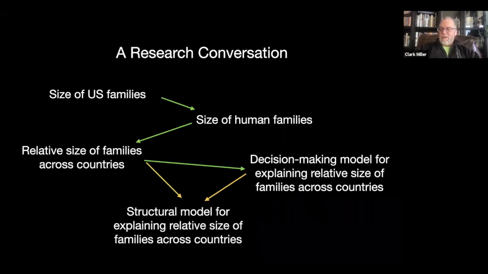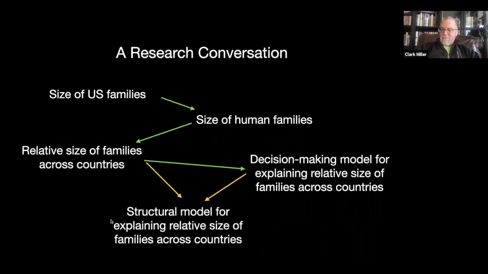They may take it off over here and do all kinds of analyses on that. They may start asking certain kinds of questions and developing certain kinds of data sets. Whereas another group might get interested in these structural models for explaining the relative size of families.